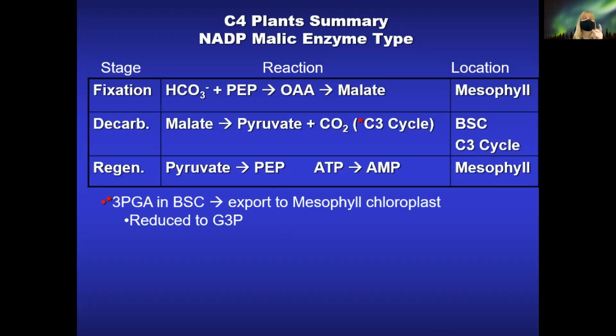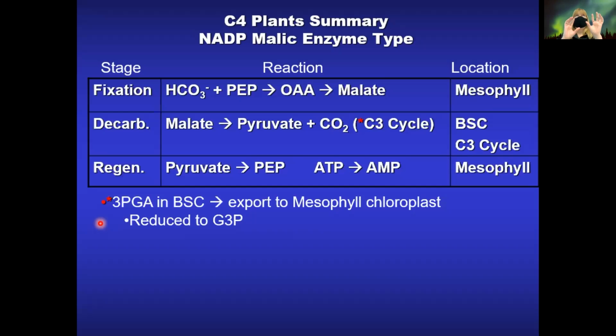Okay, so now let's think about it for a second. In the C3 cycle, when we think back to what we were talking about with the C3 cycle, in the C3, you have CO2 and RuBP reacting, and you get your 2 molecules of PGA.